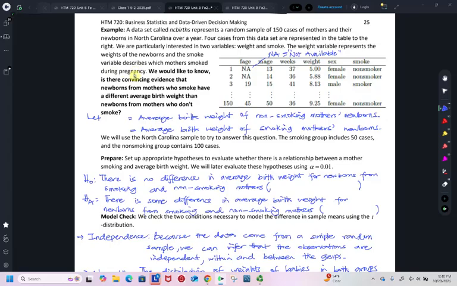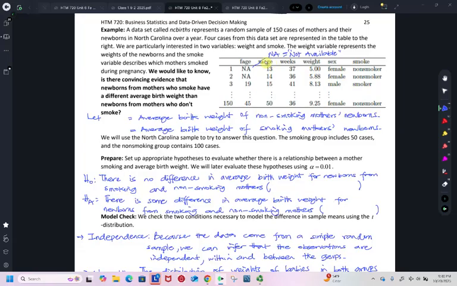Our research question is this: we would like to know if there is convincing evidence in this sample data that newborns from mothers who smoke have a different average baby weight than newborns from mothers who don't smoke. So we identify two populations here.